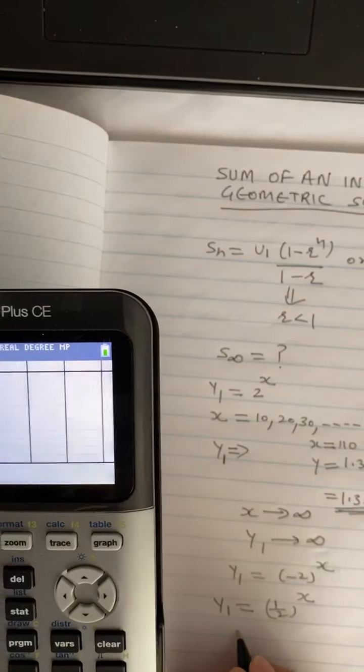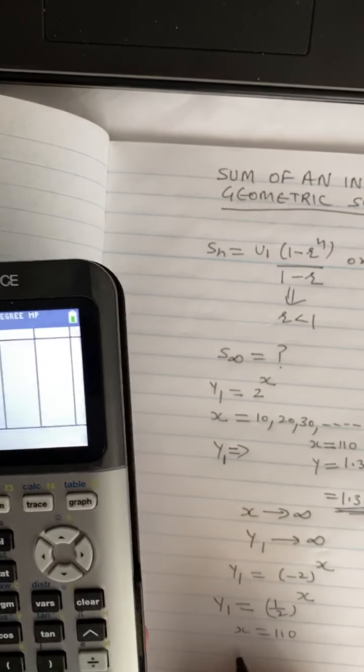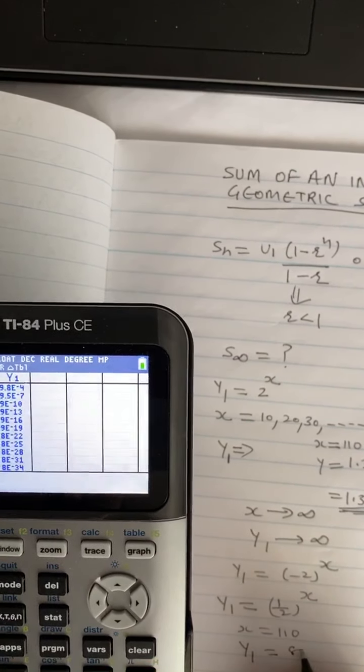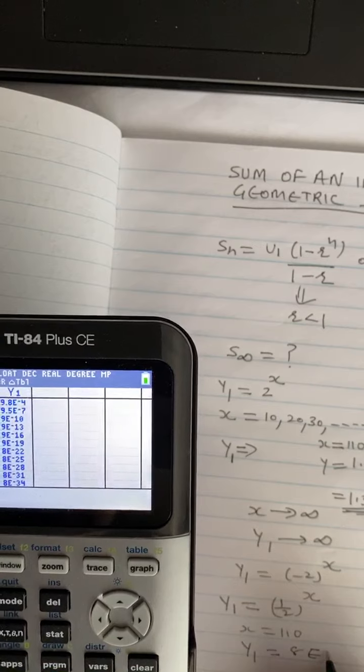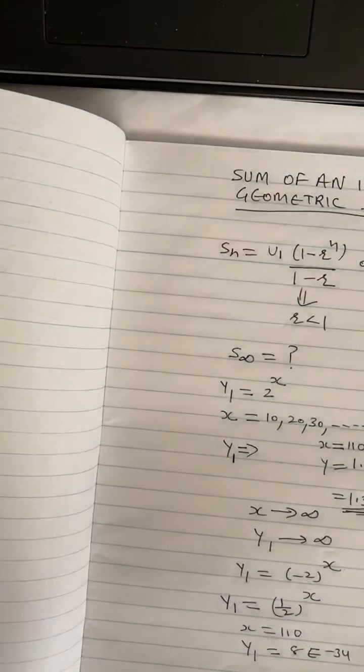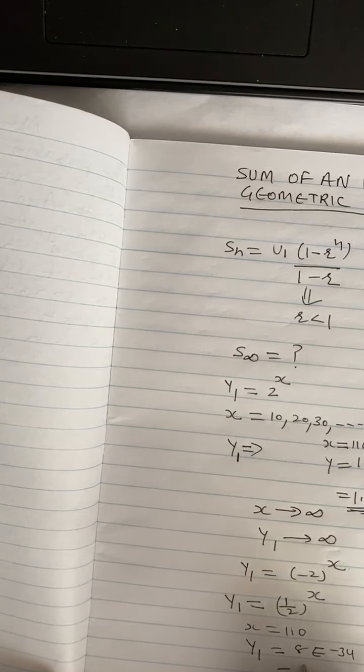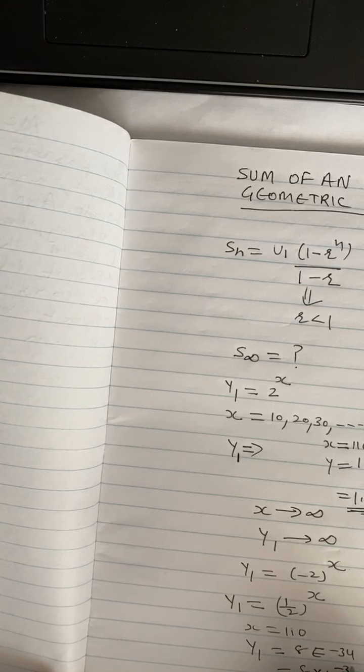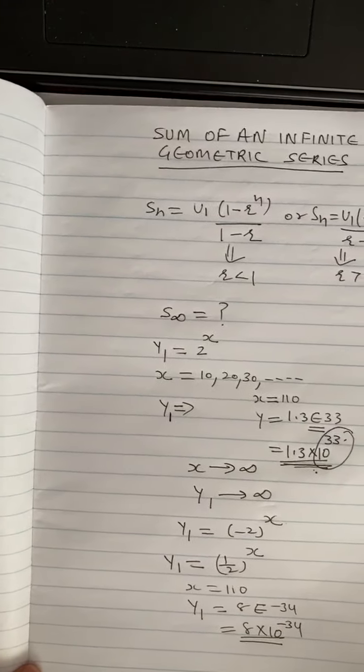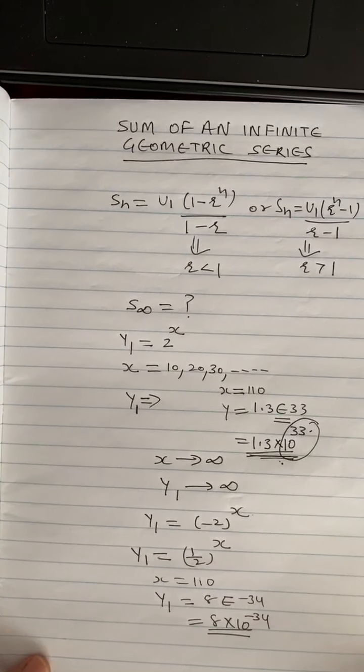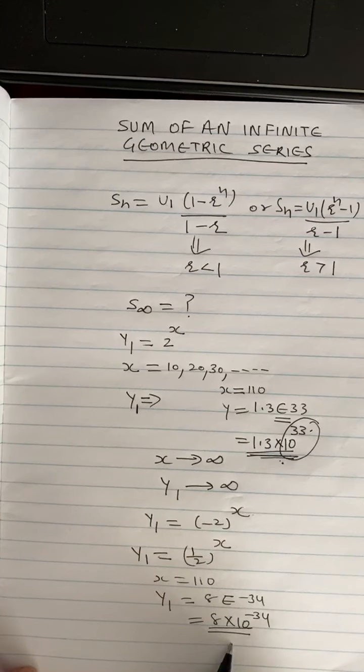For example, when x is equal to 110, my y1 is 8E negative 34. Again, E is calculator notation, so 8 times 10 to the power of negative 34, which is again a very, very small number.